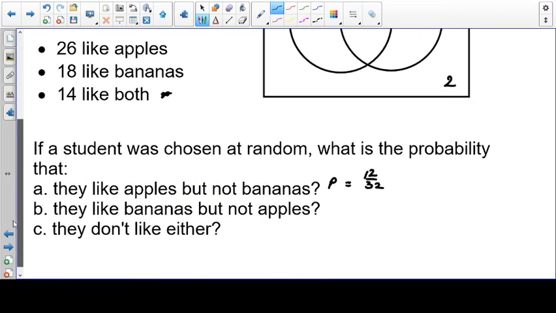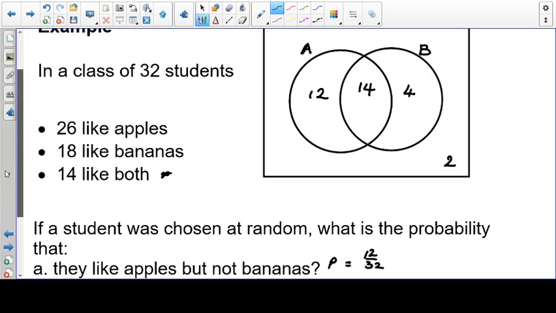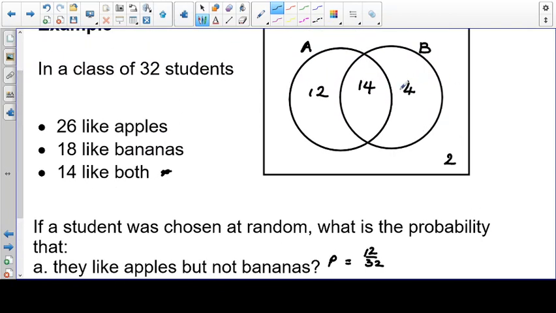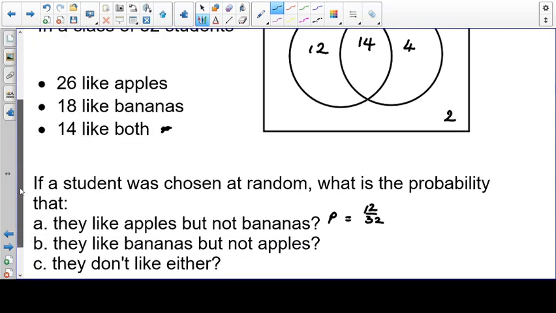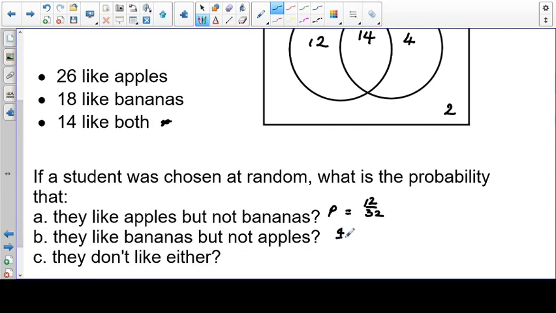Okay? They like bananas but not apples. Bananas but not apples, that's just going to be 4 over 32. And they don't like either, well that's 2 over 32.